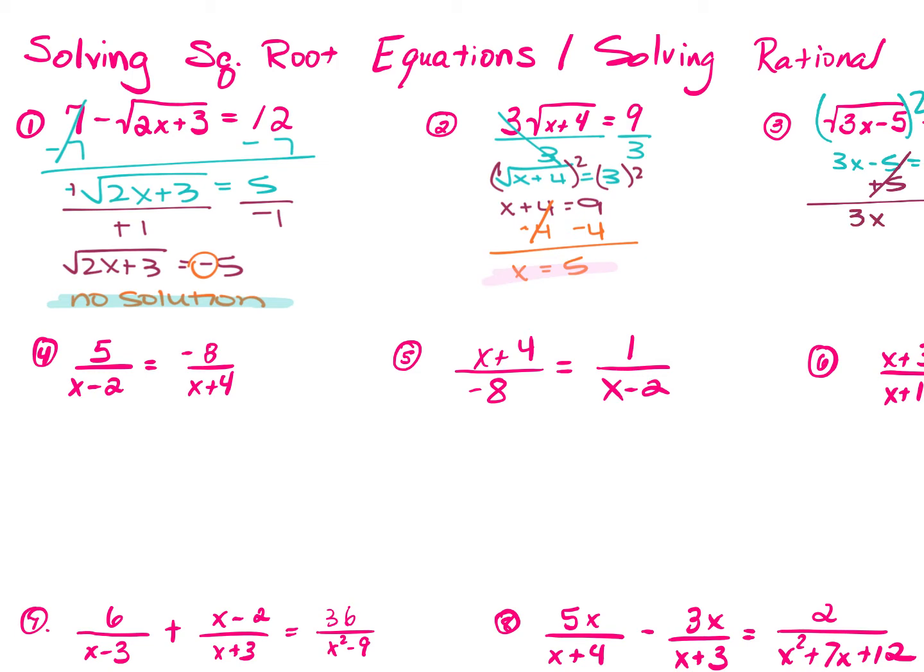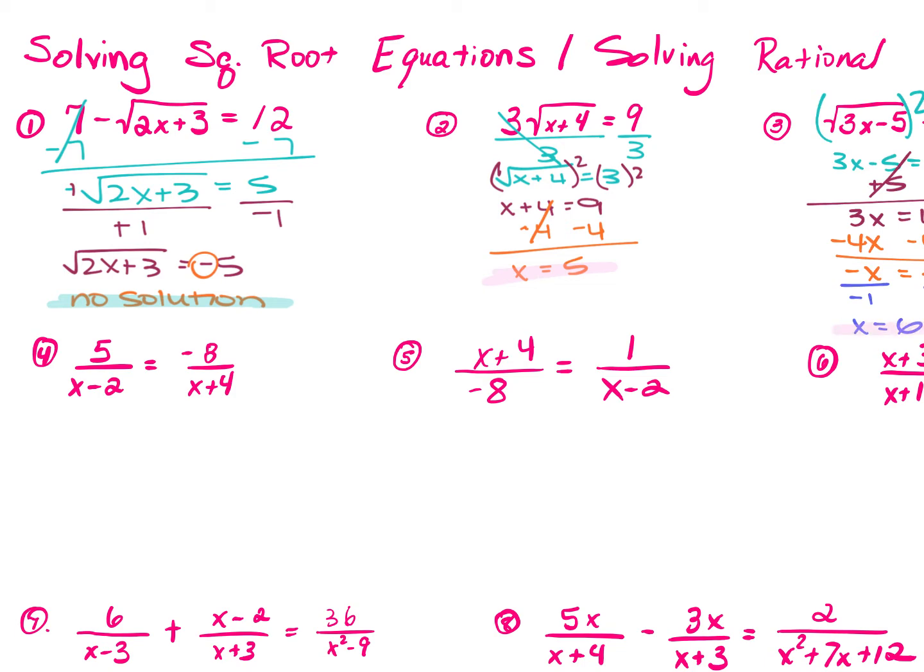So we have 3x is equal to 4x minus 6. Then what? Subtract the 4x from each side. So this gives us negative x is equal to negative 6. Then we divide by negative 1. I'll leave it like this so that way you see it. So x is equal to positive 6.